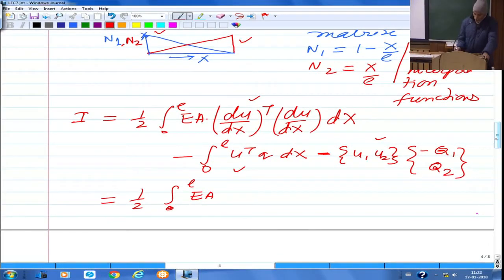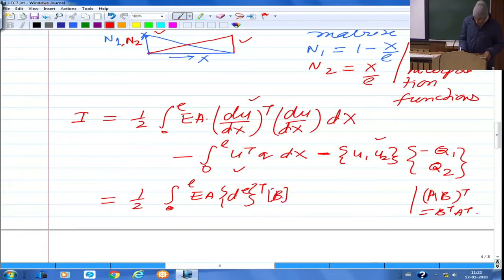If you have two matrices, you would know that the product of two matrices A into B whole transpose is B transpose into A transpose. So you can write du by dx transpose as de transpose into B transpose, and then du by dx, which is B into de, and of course then this integration dx.